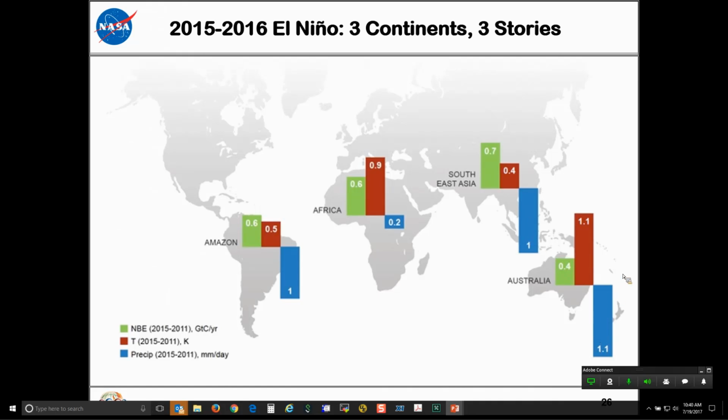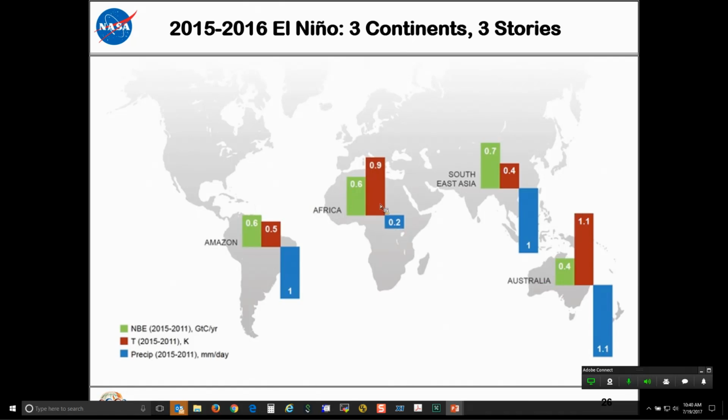Over Asia, we had tremendously low rainfall, a very large negative anomaly in the precipitation. That was combined with very high temperatures, a large temperature anomaly, especially over Australia, but also over East Asia. That combination led to a lot of fire, which enhanced the CO2 in this range.